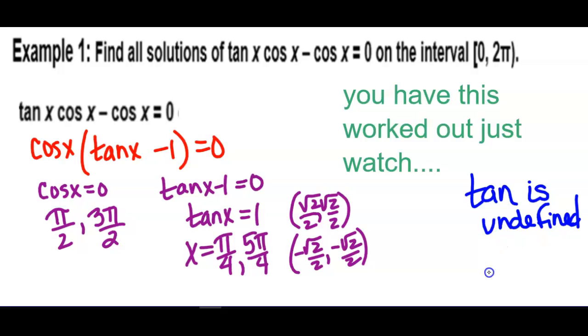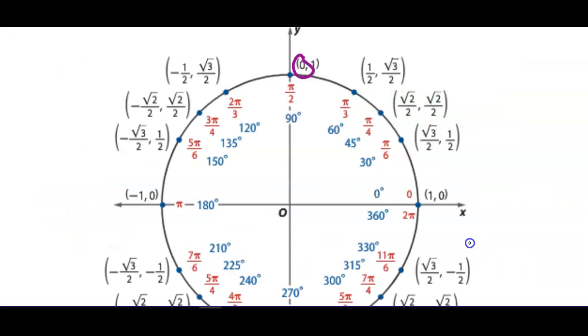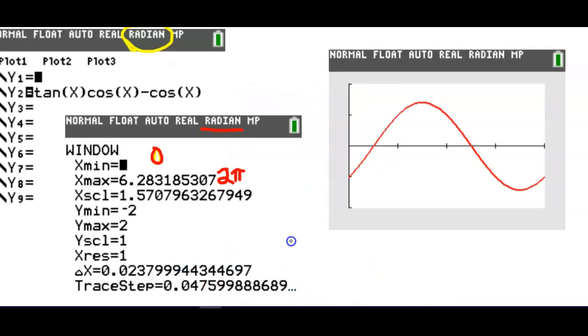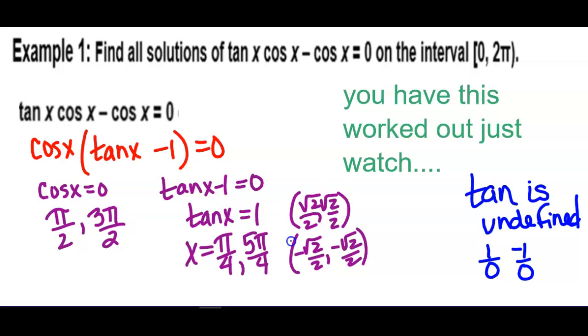But tangent is undefined if you have 1 over 0 or negative 1 over 0, which happens if you find the tangent, the y over the x, at pi over 2 or down at 3 pi over 2. So it turns out that this doesn't work, which almost never happens, and especially on ones I'm going to assign you. But these don't check because if you try to put them back in at the very beginning, you can't find the tangent at pi over 2 or 3 pi over 2.